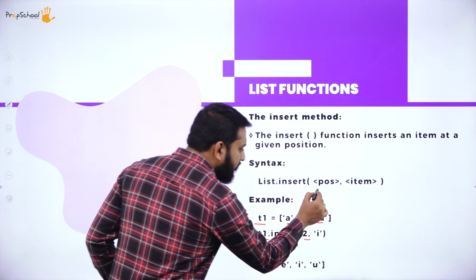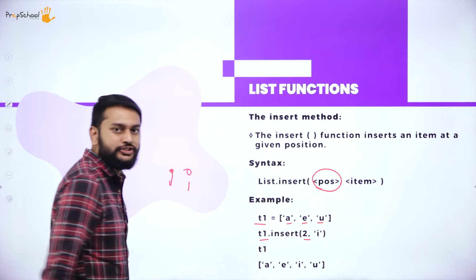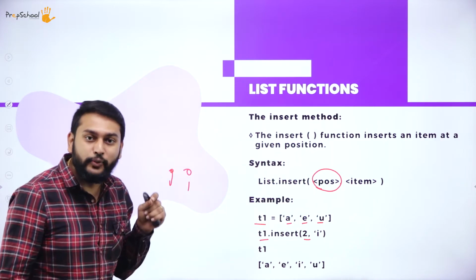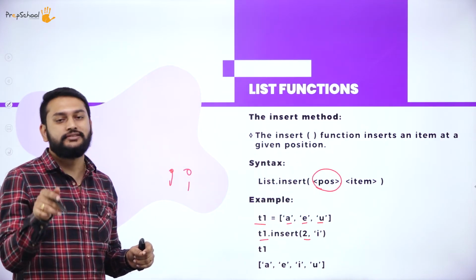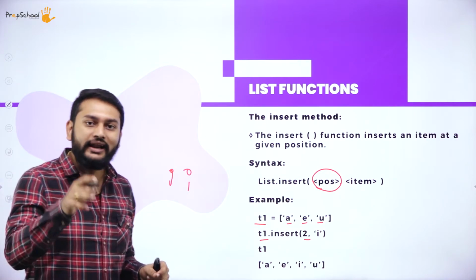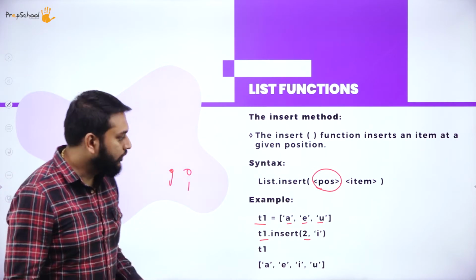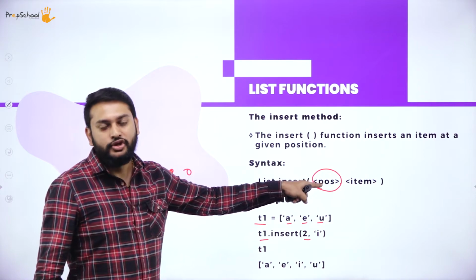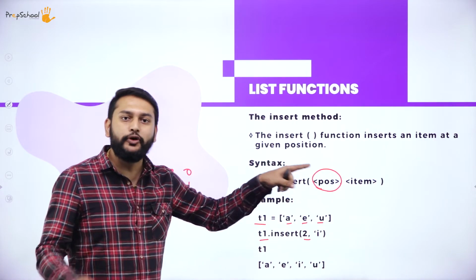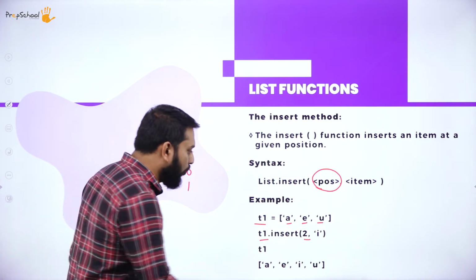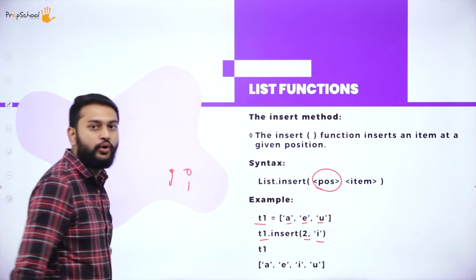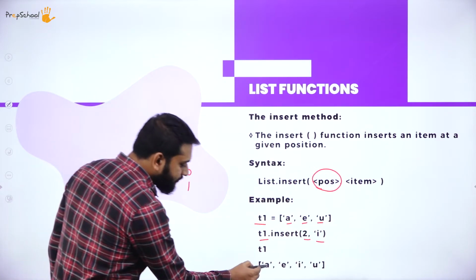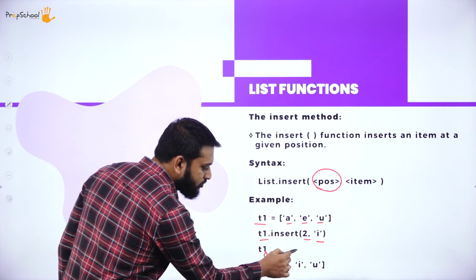Please listen here. The first value you use in this function is the position where exactly you want to insert. This is the index, a particular exact location where you want to place this value, right? So 0, 1, 2.